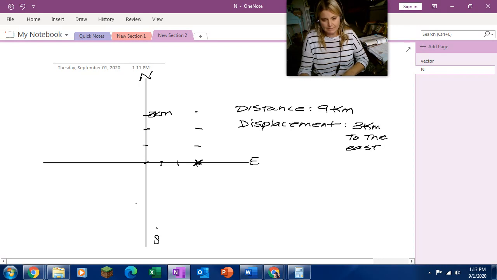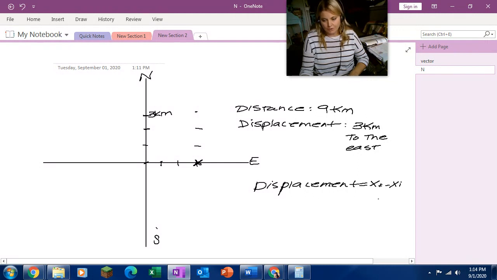How I would write this is your displacement is equal to where you end up minus where you began. Okay, and then you also give the direction of that.